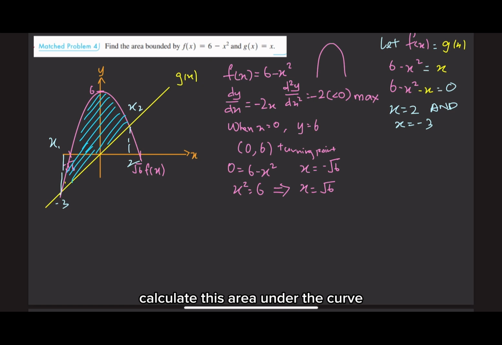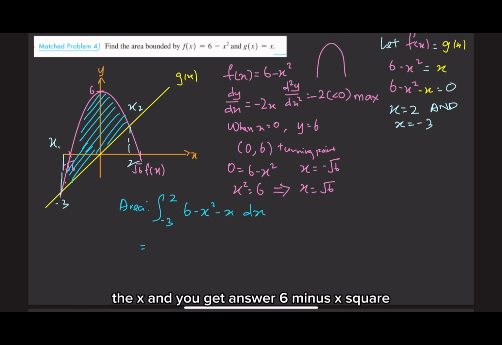Calculate this area under the curve. Area is the integral from negative 3 to 2 of the upper function, what is our upper function? f of x, which is 6 minus x squared, then minus our lower function, which is x. So we just minus x dx.